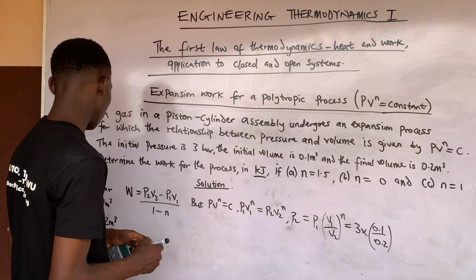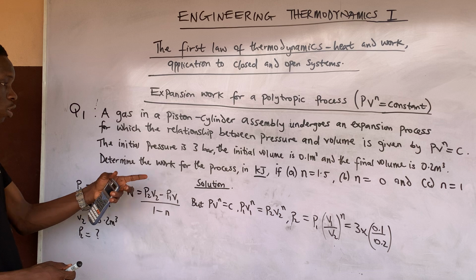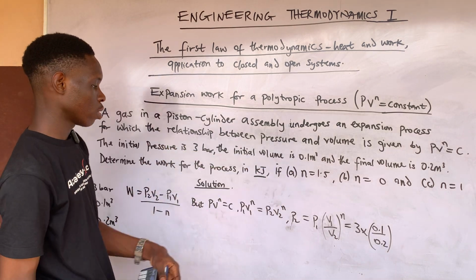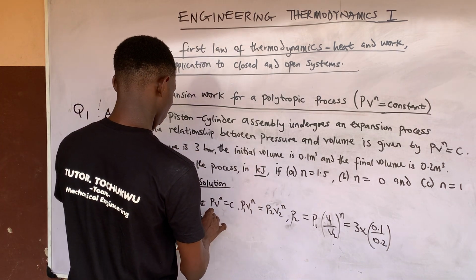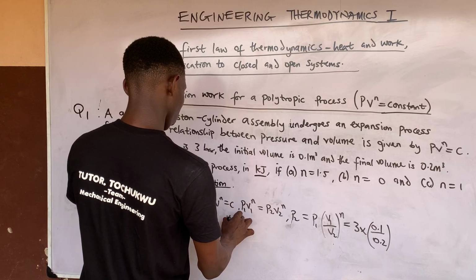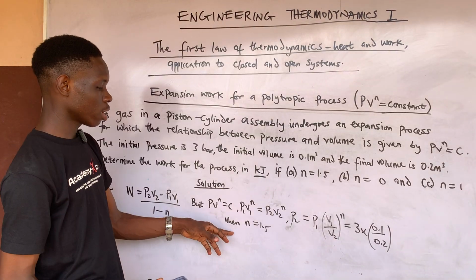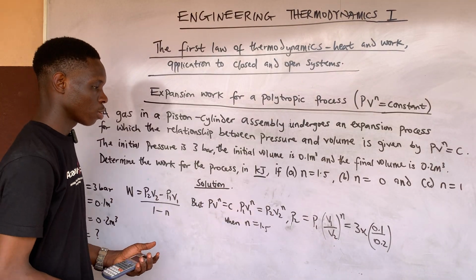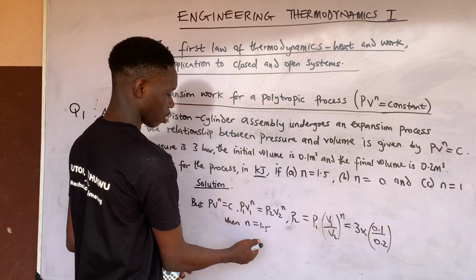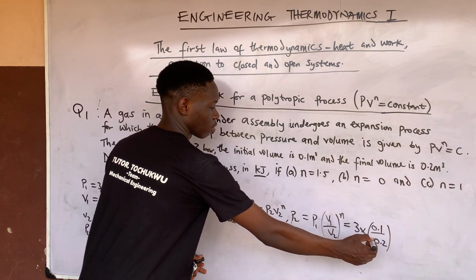Now our n, for the first case, is 1.5, so instead of writing n, you just put 1.5.